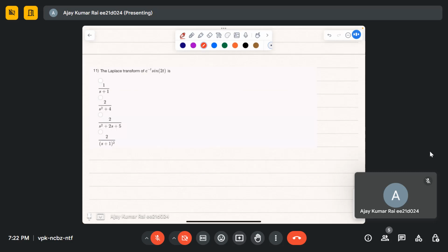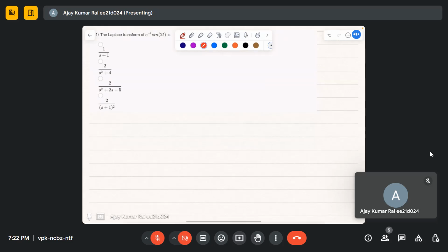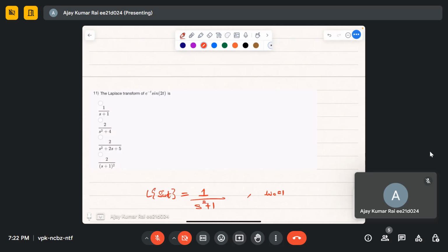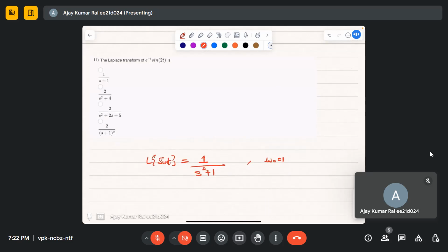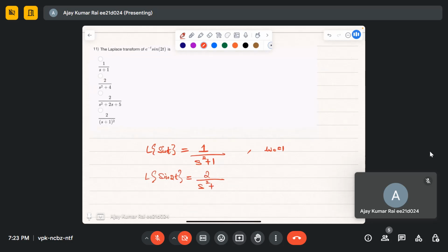The Laplace transform of this function is, so you know the Laplace transform of sin t, with omega naught equal to 1 here, is 1 by s square plus 1. Now if I put omega as 2, then this is equal to 2 by s square plus omega naught square, which is equal to 4.